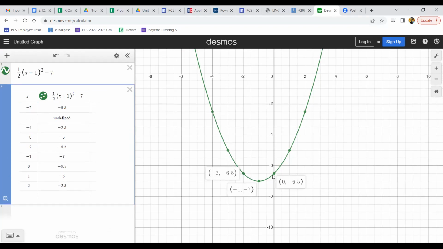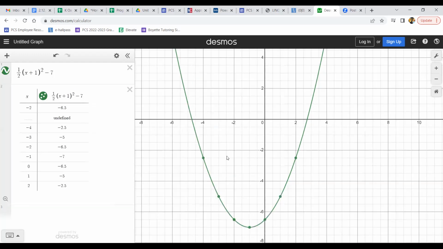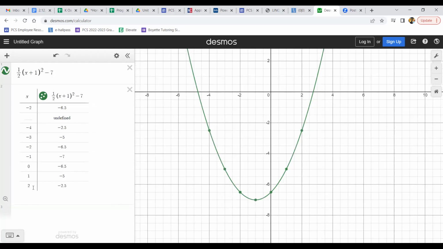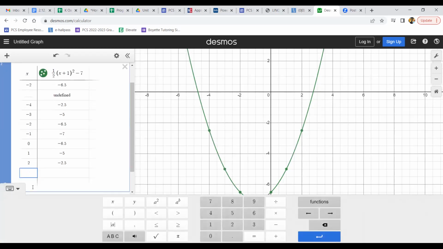If you don't want to graph the half points, we could ignore these. And then graph, yep, there's a whole number. We could graph that instead. Could avoid the half points. I bet there's another whole number on the other side. 3? Yeah.